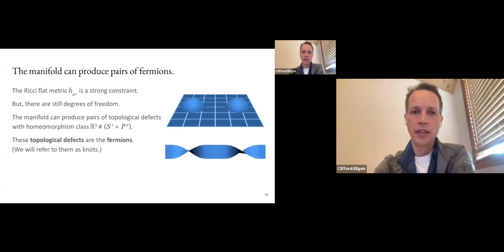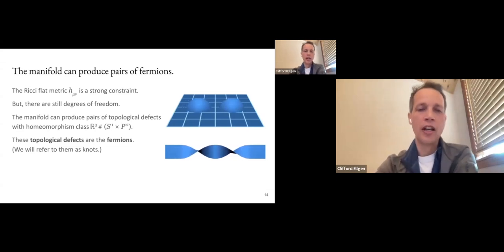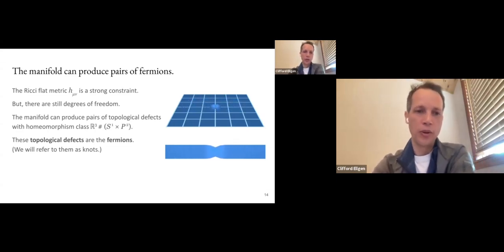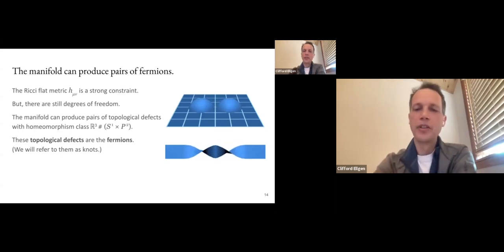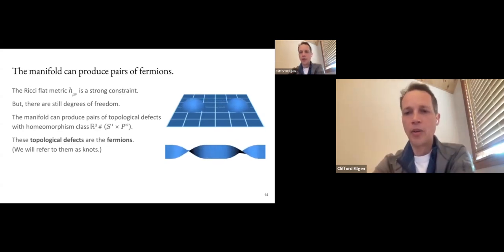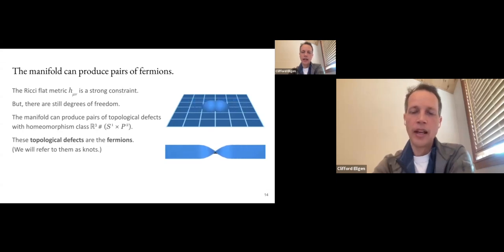So each of those defects is a connected sum of S1 cross P2 with R3. And underneath, on the lower portion of the animation on the right, what we're showing is that this is loosely analogous to taking a ribbon, an untwisted piece of ribbon, and putting a twist in it, such that we have these two half twists that move away from each other.